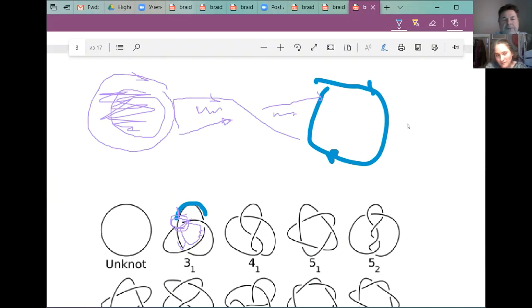Suppose that this is a piece of a diagram of a knot. Now you are filling the circles with a piece of paper. This will be our surface basically. These are discs that we glue one to each other with twisted ribbon. Yeah, and you glue here and you glue here.